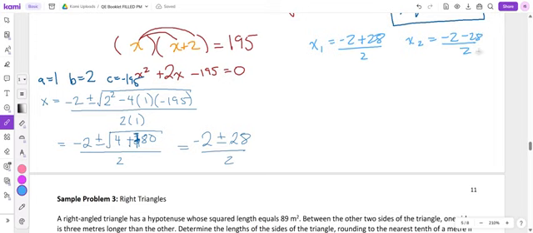That's the whole quadratic formula. It gives us two answers. So let's do that in our head. 28 minus 2 is 26, divided by 2 is 13. Negative 2 minus 28 is negative 30.